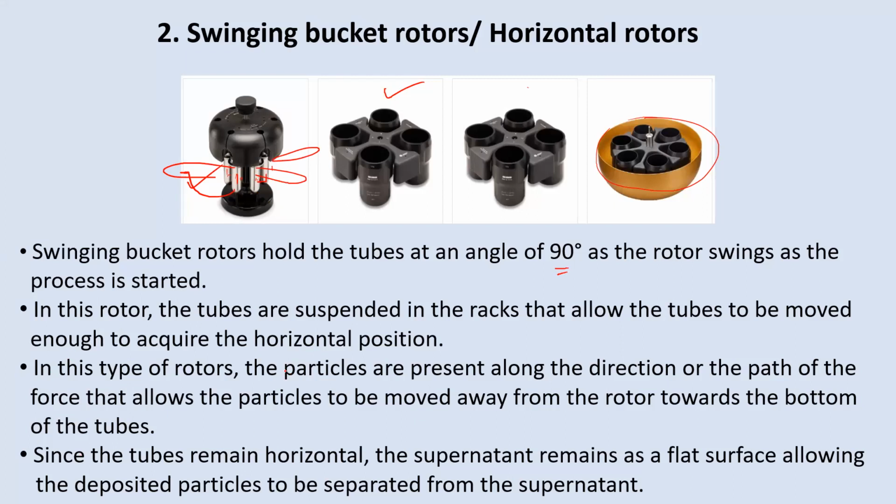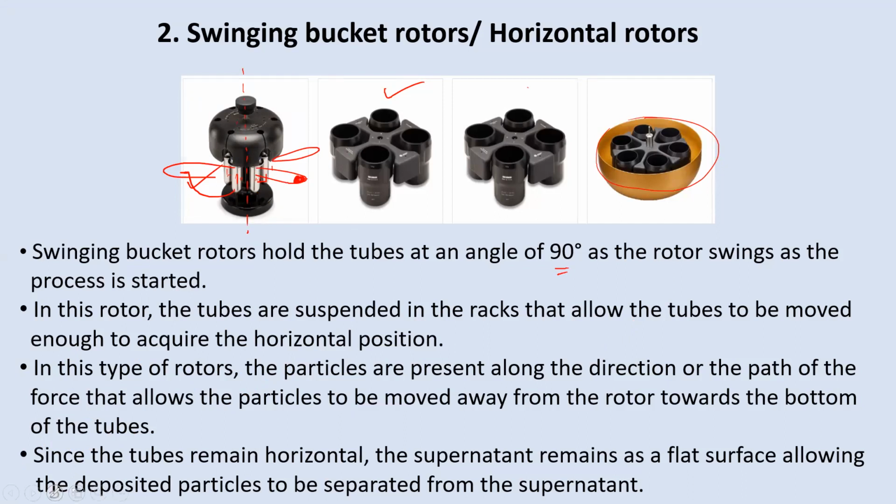In this type of rotors, the particles are present along the direction or the path of the force that allows the particles to be moved away from the rotor towards the bottom of the tubes. So now this is your central axis. You're applying the centrifugal force. So the particles will move away from the rotor and they are going to settle at the bottom of the tubes here.